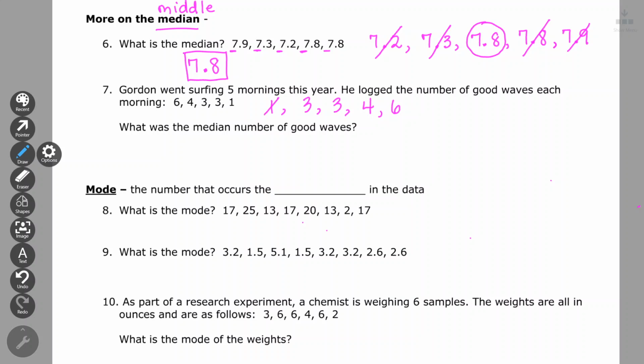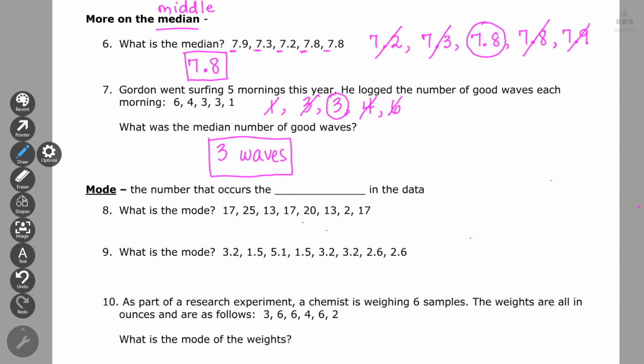You strike through the first and the last, until you get to the middle number. So the median number of good waves would be 3 waves. All right, so that finishes us up on the median.